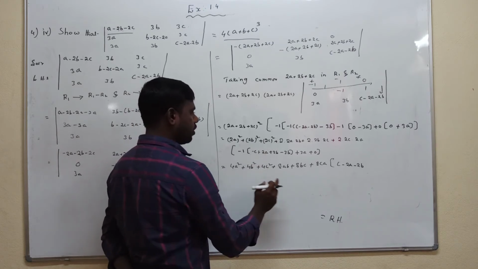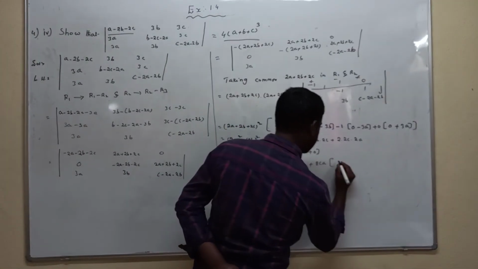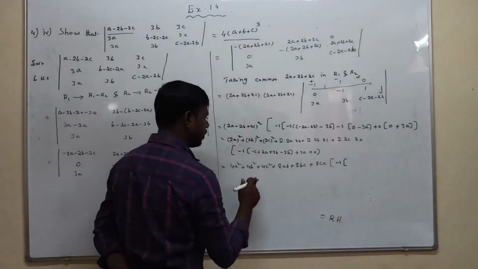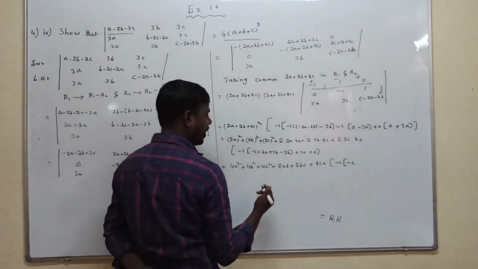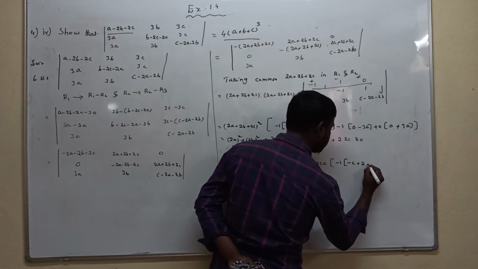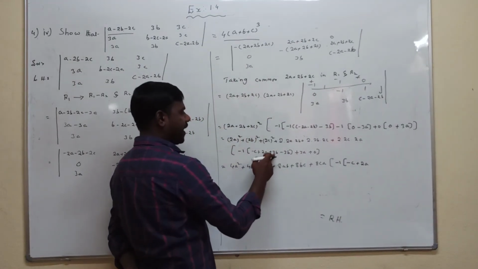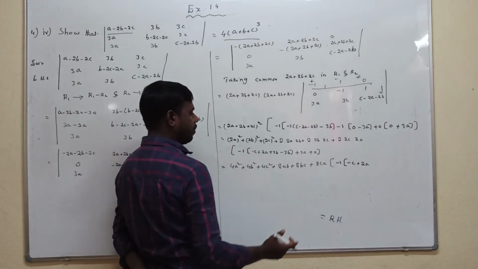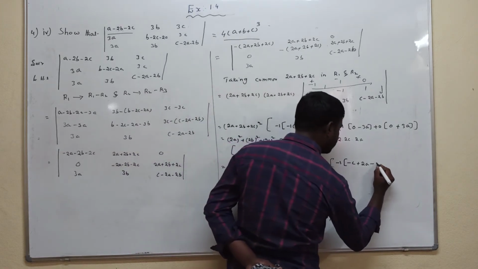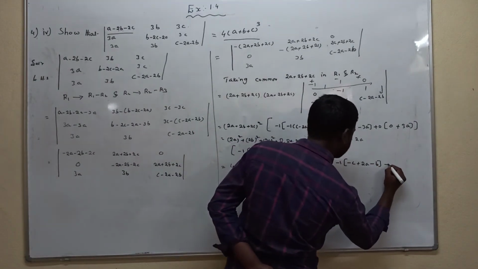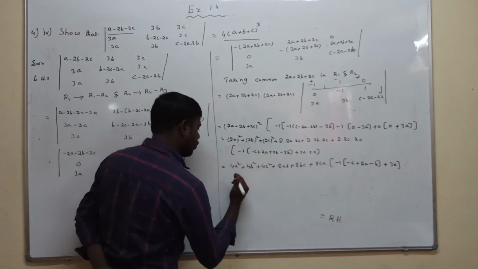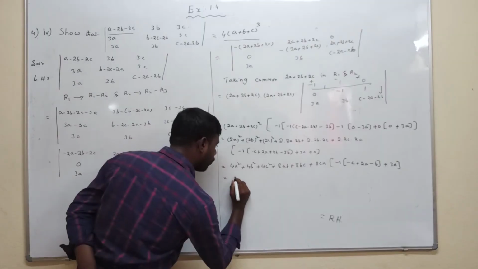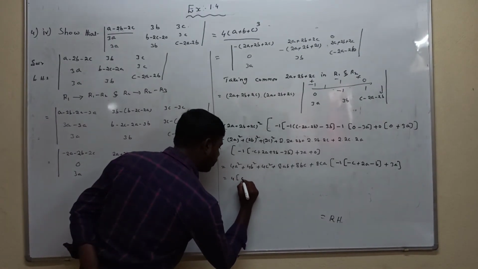Minus 1 into minus c plus 2a plus 2b minus 3b, that is called minus b, plus 3a plus 3a. Now in this, 4 you are taking common outside.